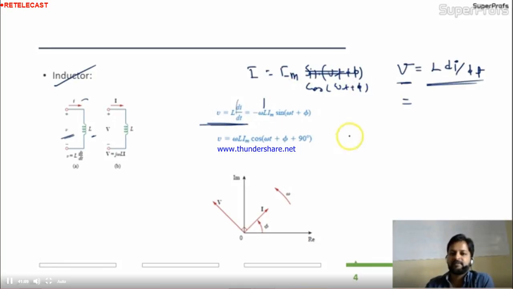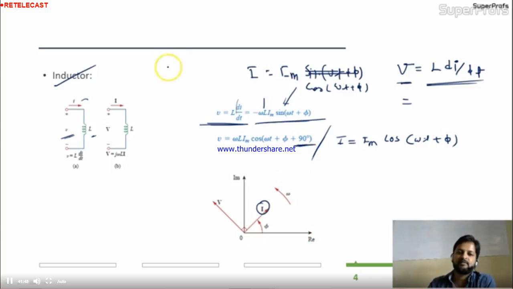To get V, we differentiate it, and your equation will be minus omega L Im sin omega t plus phi, right? When you remove this minus sign, you add plus 90, right? So this will finally be omega L Im cos omega t plus phi plus 90. See, the current was Im cos omega t plus phi. Here is the current, the phase angle is phi from the reference. Now plus 90.